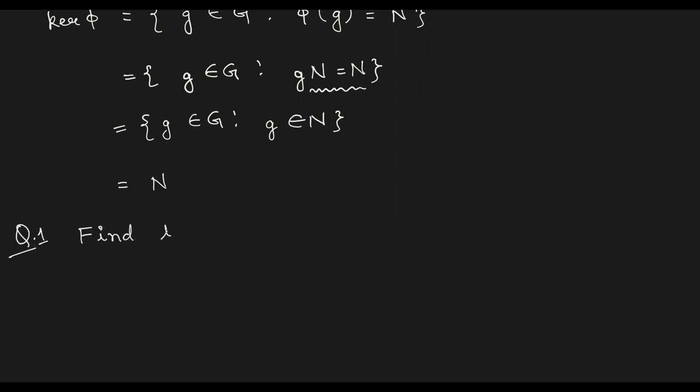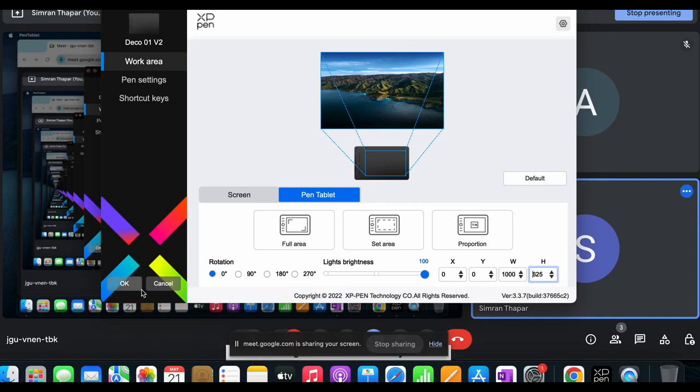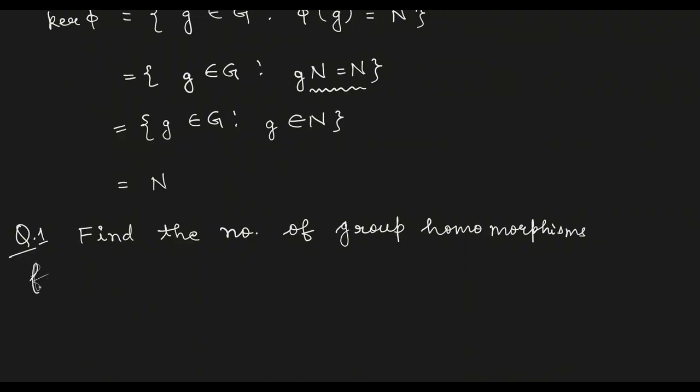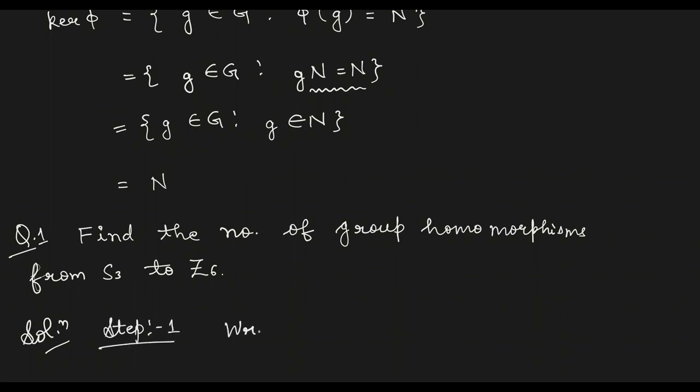Now next, some important questions. How to find the number of group homomorphisms from S3 to Z6? So step 1 is to write the subgroups of S3.